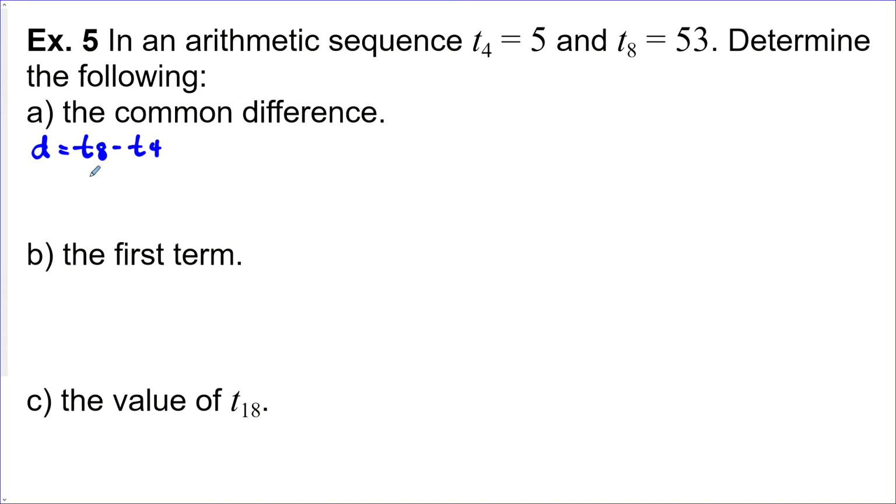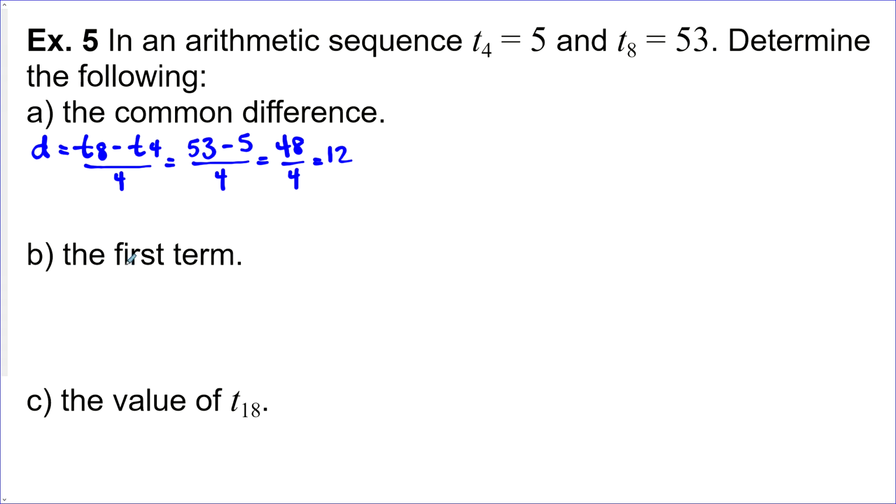That should be 4 common differences, so I'm going to divide their difference by 4. So we have 53 minus 5, and I'm going to divide that by 4. 53 minus 5 gives me 48, and when I divide that by 4, I need to move 12 up each time to get from 5 to 53.